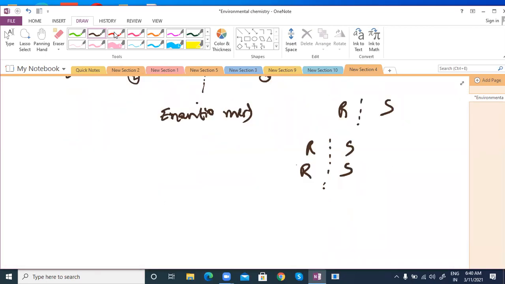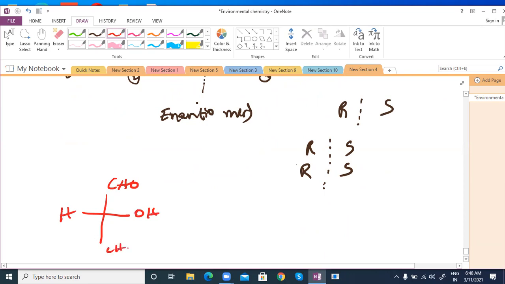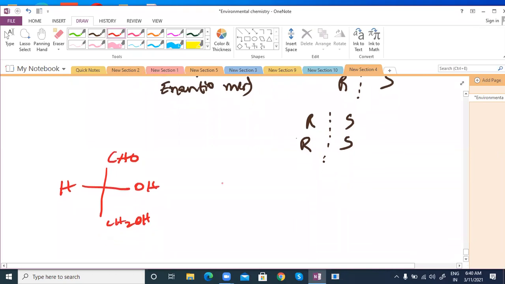If you still have doubt, I am giving one more example, you can check it. By looking at the molecule, you can find out this is an enantiomer. But in the examination, they will provide something different, sir. OH, CH2OH. This is the molecule they gave. Identify the enantiomer of the following molecule.